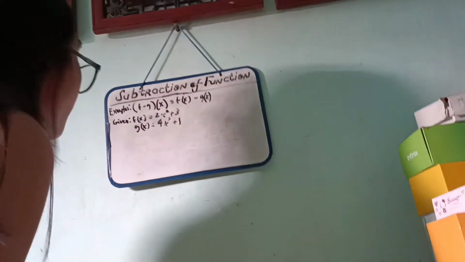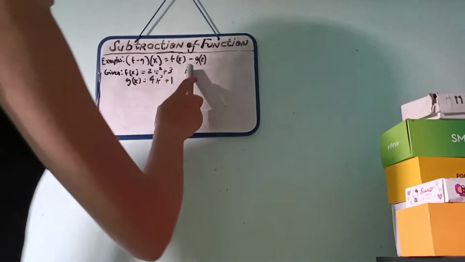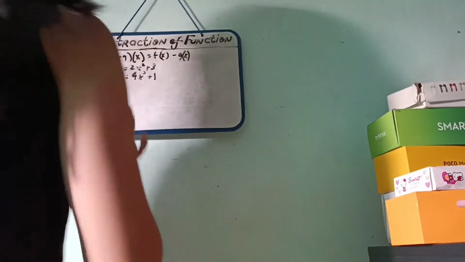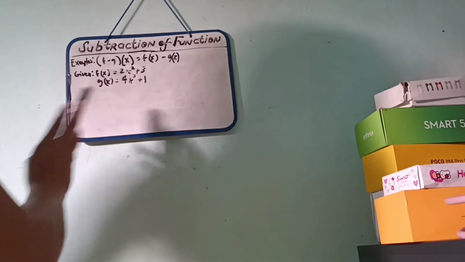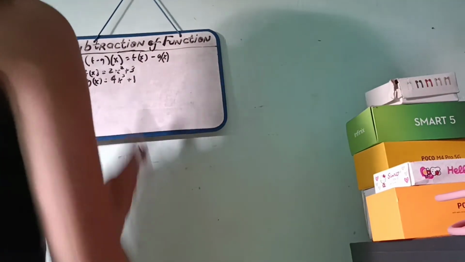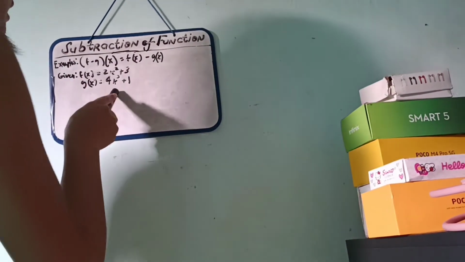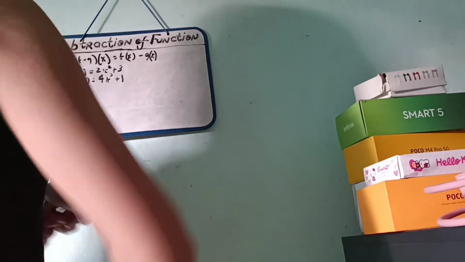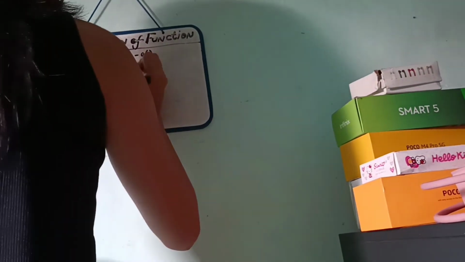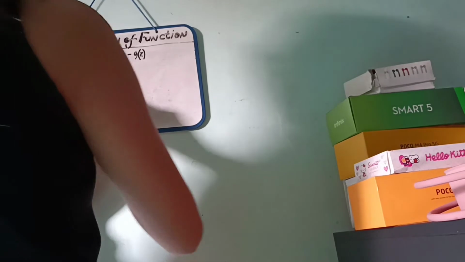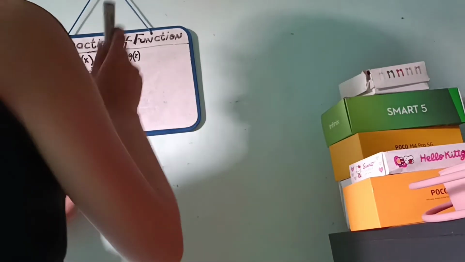Sa example 2 naman, same lang din: f minus g of x is equal to f of x minus g of x. Our given here is f of x is equal to 2x squared plus 3, g of x is equal to 4x cubed plus 1. So, same step ulit. F of x naman natin is 2x squared plus 3.